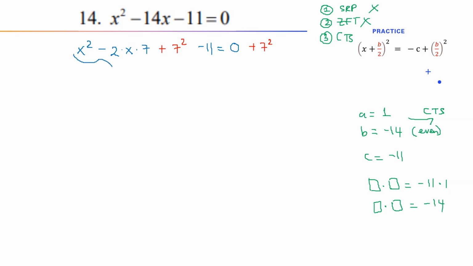Now this one will form x minus 7 all squared, minus 11 equals 49. Now I want to isolate the x minus 7 squared, so I add 11 to both sides.